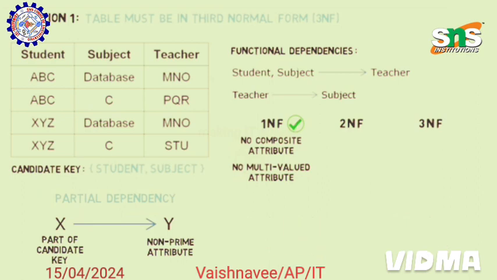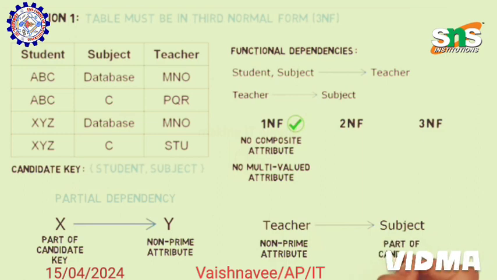Now let us check each functional dependency of our table. First one is student and subject determine teacher. In this, the complete candidate key determines a non-prime attribute, so this cannot be a partial dependency.